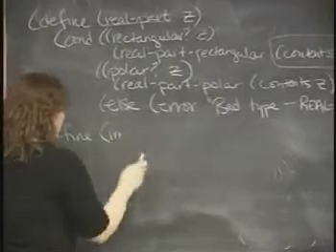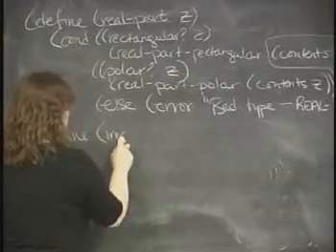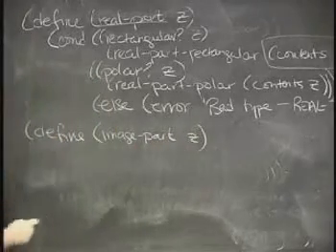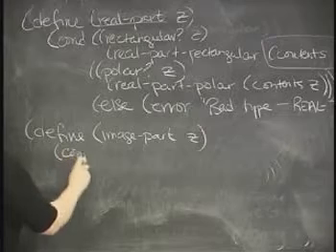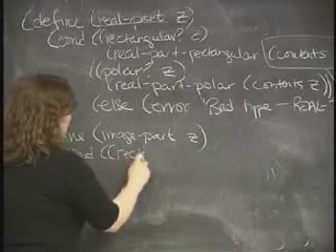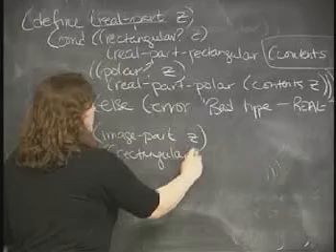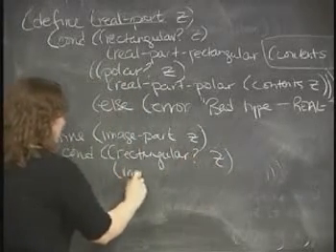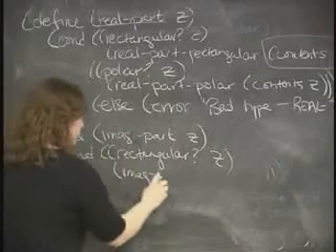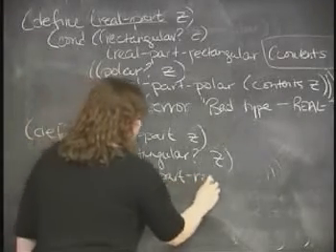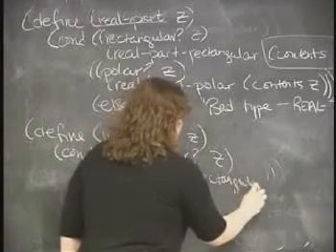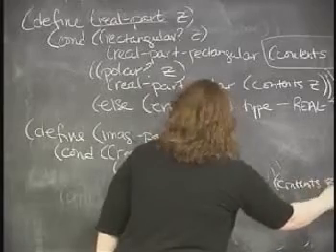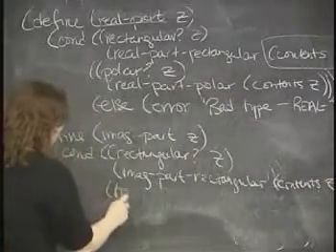Okay. So we could similarly write imag part of Z, which would be cond. Again, check to see if we've got a rectangular. If we do, imag part rectangular on the contents of Z. Then we check, do we have a polar?